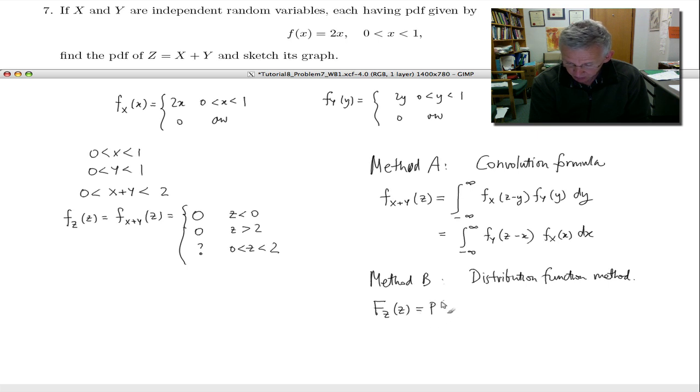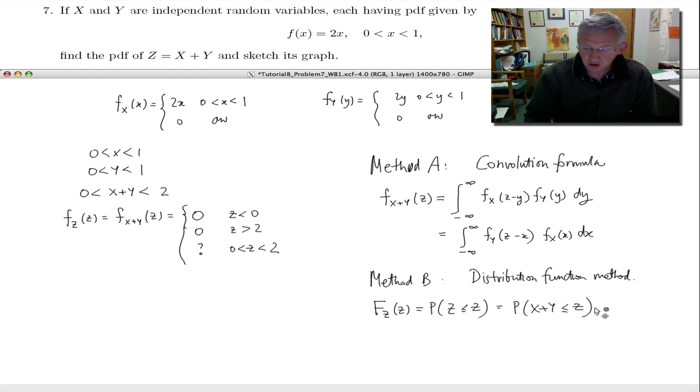That's simply the probability that Z is less than or equal to z, and we know that if we're dealing with a continuous random variable, when we differentiate the distribution function, we will obtain the probability density function. So we've got to try and find the probability that x plus y is less than or equal to z.